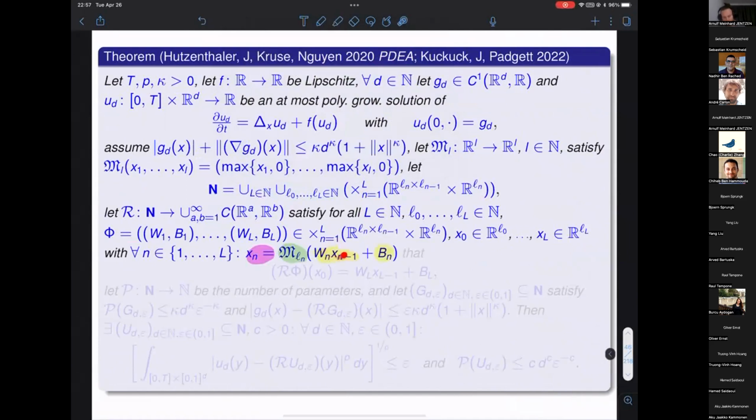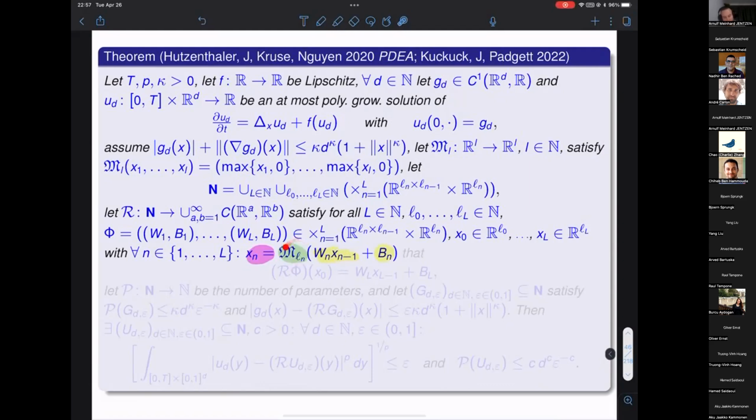So this is the affine linear transformation, and then this nonlinear activation function, the multidimensional rectifier function. That is the recursion for x_n. First x_0 is arbitrary, then x_1 is given by this recursion, then x_2 and so on.